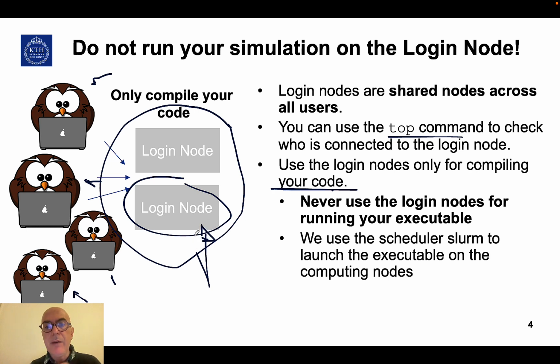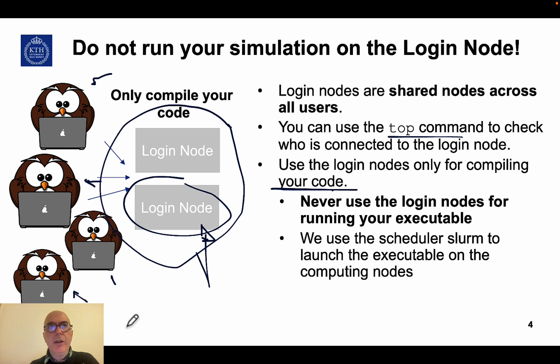So why never ever use the login nodes? Well, if you run your simulation on a login node, basically you are going to use all the resources on the login nodes that are shared with other people. So other people that try to compile will be super slow. The node won't be responsive. They will complain massively to the system administrator of the supercomputer.